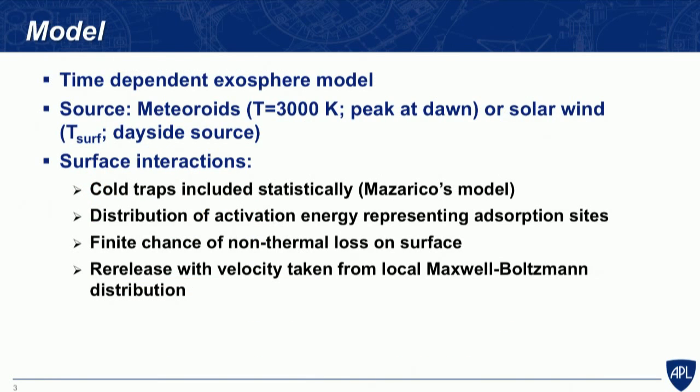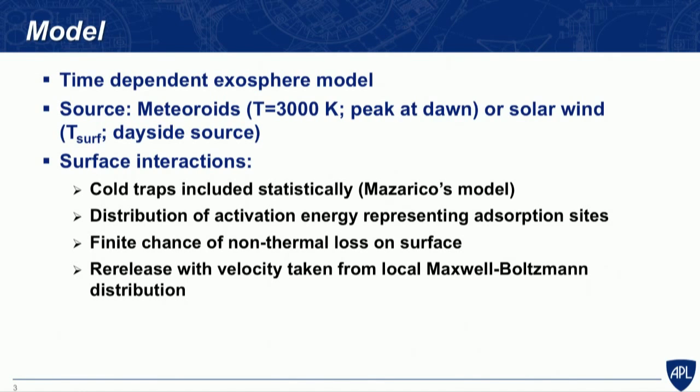Okay. All right, so my model is a time-dependent exosphere model, and I use two different sources of water. One is meteoroids, and those are concentrated at the dawn terminator, and I use a thermal distribution at 3,000 Kelvin.